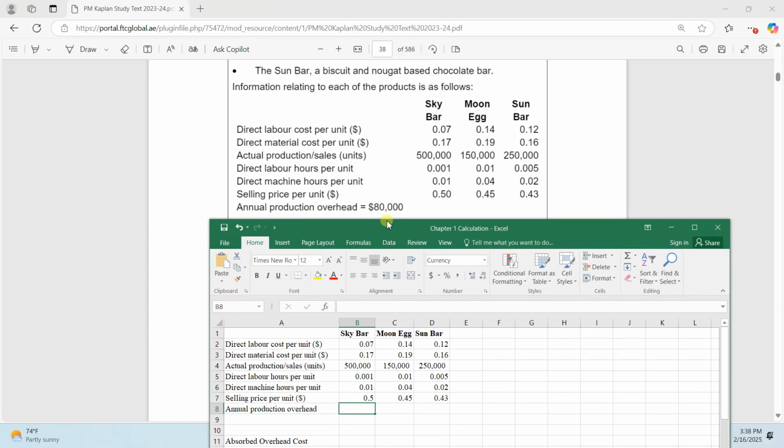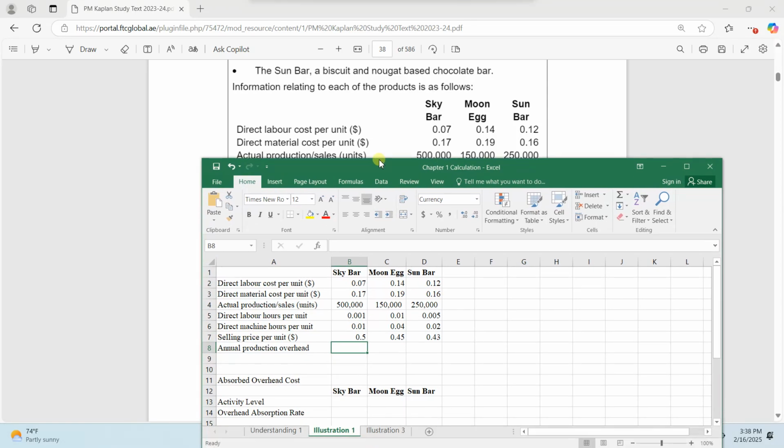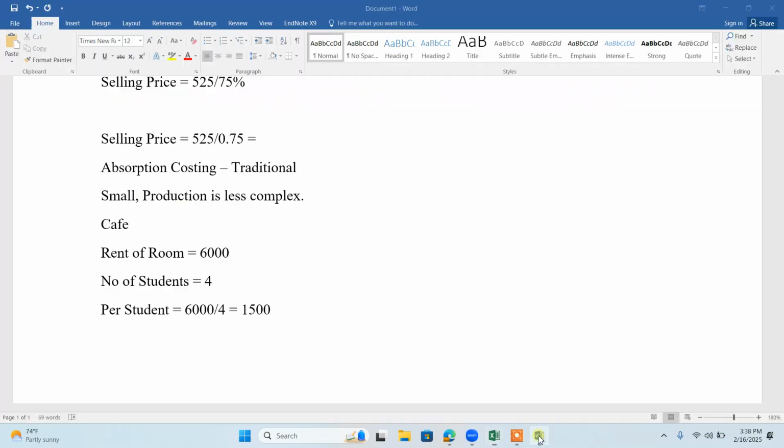Now the annual production overhead is 80,000. So my dear, this is the annual production overhead. As I gave you the example, for example, this was my overhead in the previous example, which is 6,000. But this is overall. If you are calculating the cost of 1 student, then we need to divide it by 4.